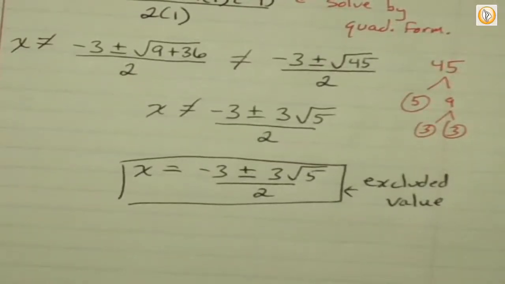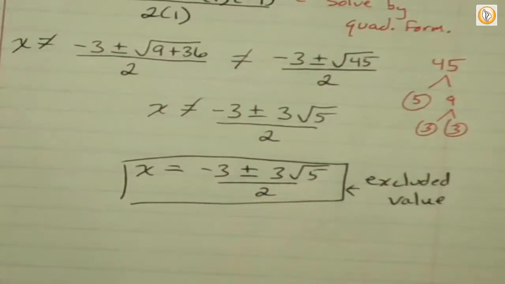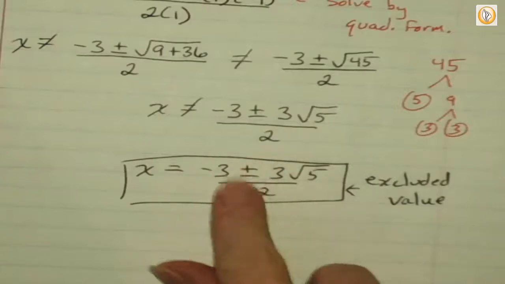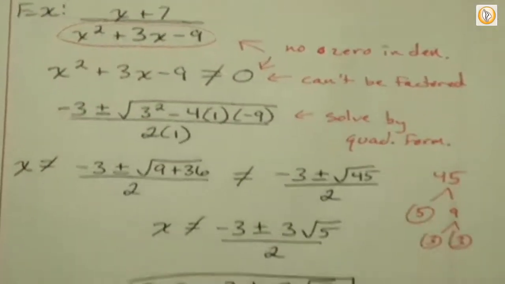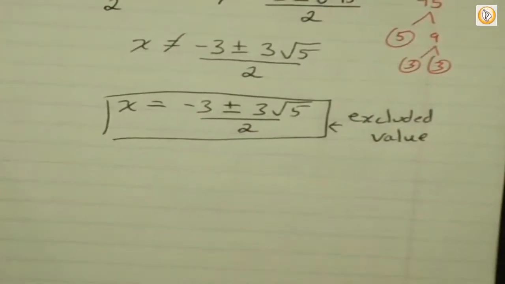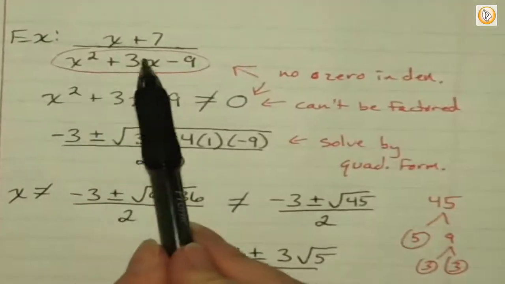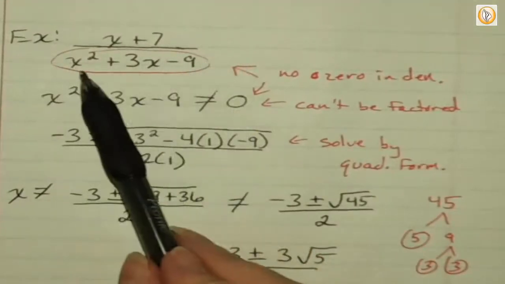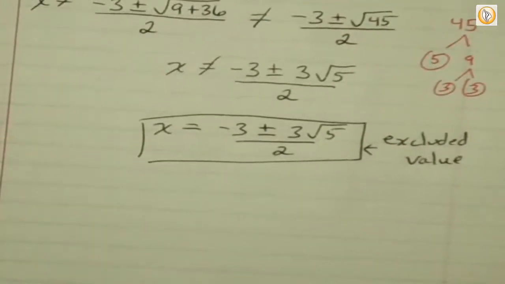Now I'm not going to check this, I'm not going to take this whole thing and replace these x's with it. Just trust me on that. If we were to insert this for each of these x's and solve that, it would come out to be 0, which would be undefined.